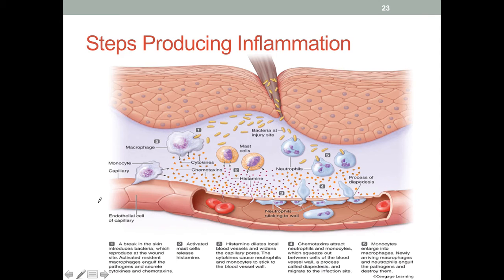Part of the initial nonspecific response is to create a process called inflammation, and this is very important in defending our system and starting the healing process. So let's look at one example of the steps required to produce inflammation by the immune system. We previously mentioned that intact skin serves as a barrier for foreign invaders.